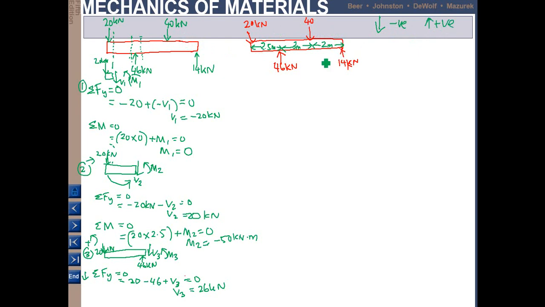In the previous calculation, when we determined this value, I think we assumed going upward as positive and going downward as negative, or the reverse.